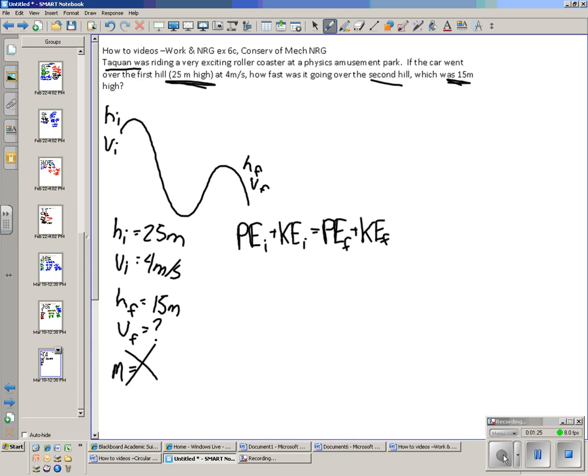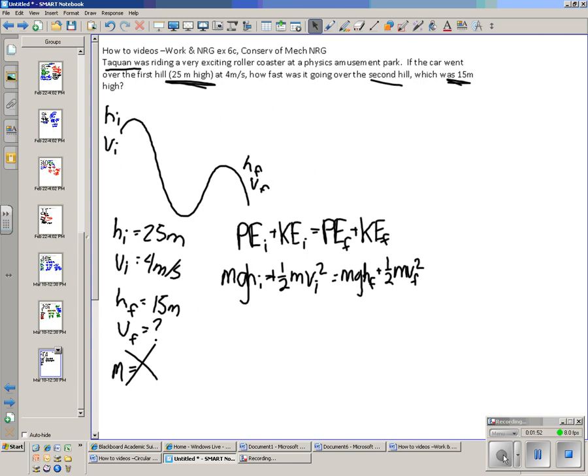Unfortunately, we can't cancel anything out yet, so let's go ahead and expand this. mgh initial plus 1/2 m v initial squared equals mgh final plus 1/2 m v final squared.